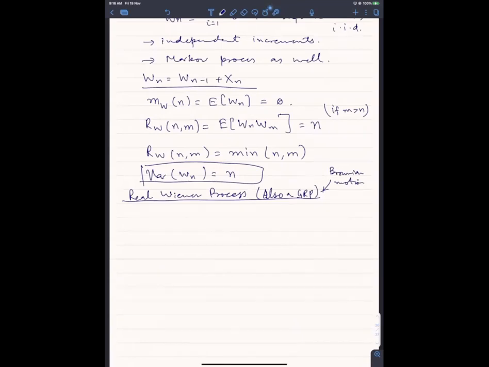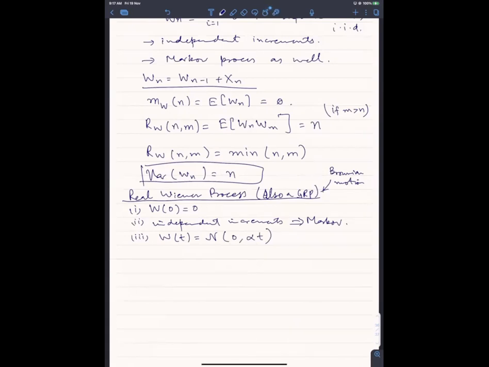Real Wiener process की definition क्या है? Real Wiener process की definition ये है, you again start with 0, okay? And then you have independent increments, बिल्कुल उसी तरह से जैसे random walk में होती है, which means that this is a Markov process as well. Okay? And then the third property is that Wt instead of n is normal 0, alpha t.